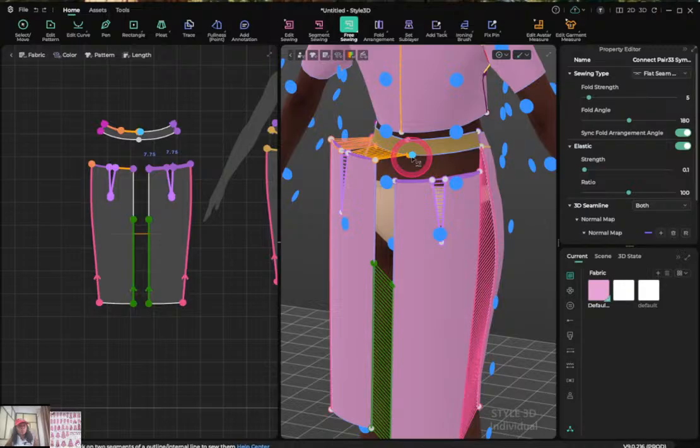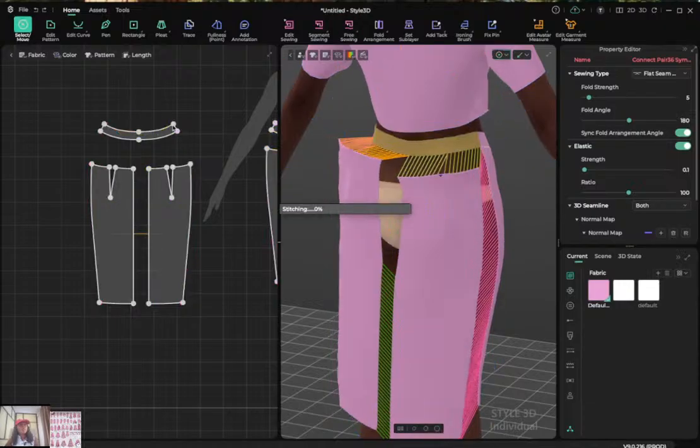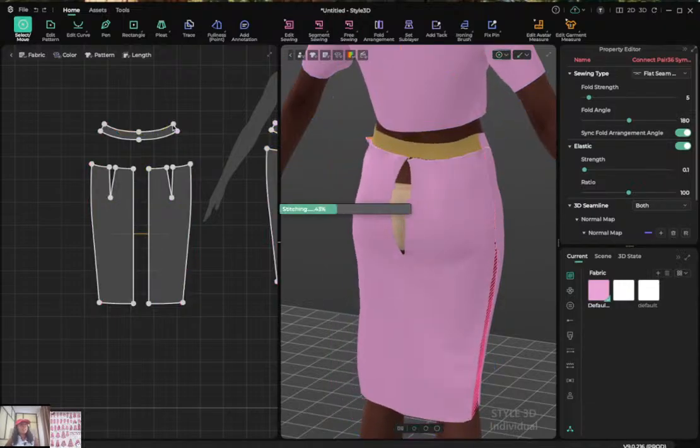Oh no, I made a mistake. Shift, leave the shift alone, and then now I understand why the waistband was funny.